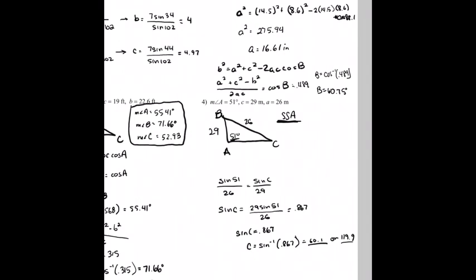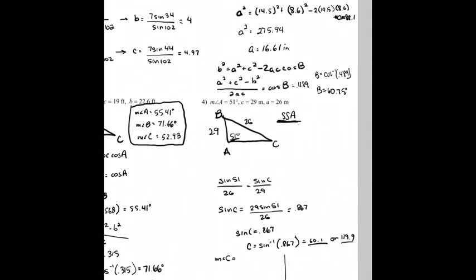So what we need to do is proceed separately using each individual measurement of angle C. If angle C is 60 degrees, that's going to give us some different measurements than if angle C is 119.9 degrees. So we need to do both of them. Let's start with the 60.1.